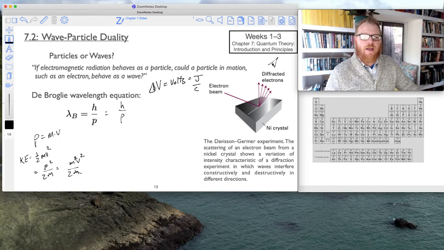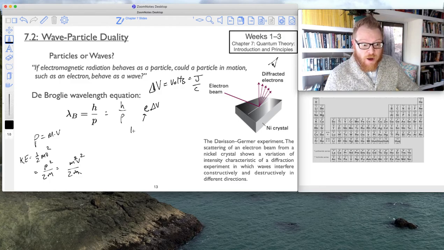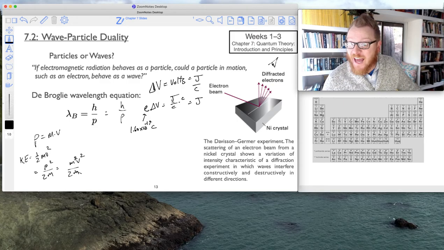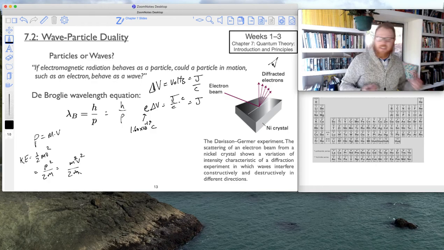And if I multiply this quantity times e delta V, where e is the fundamental charge, 1.60 something times 10 to the minus 19 coulomb, that's going to be a joule per coulomb times a coulomb to give me a joule. So in other words, e times delta V gives me the kinetic energy of those electrons.